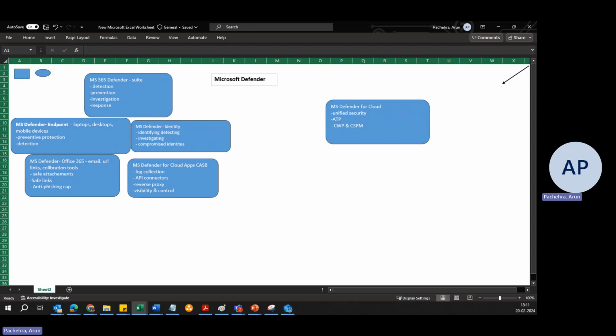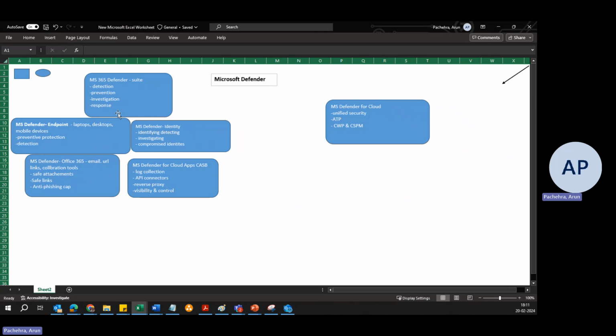And Microsoft 365 Defender is designed to provide an integrated security solution across several Microsoft services, enhancing the organization's defense against a wide range of cyber threats across different vectors. So let's see all these components which are falling under the Microsoft 365 Defender umbrella.